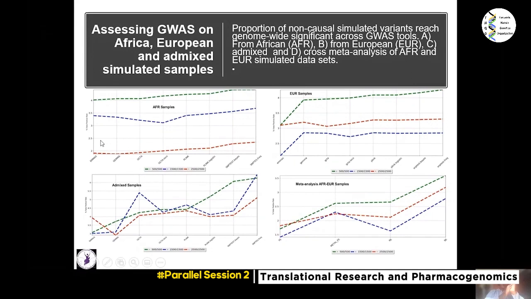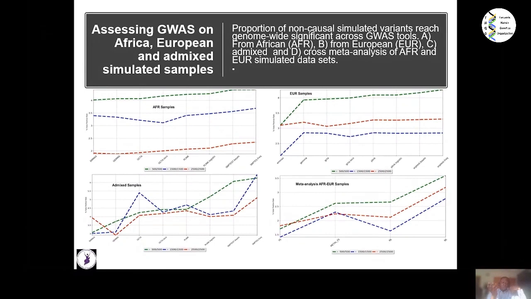On the y-axis, we plot how those tools generate false positives. We have a baseline on the simulated causal SNPs, we ran GWAS on those different datasets and with each tool, and we computed the proportion of false positives. As you can see, even for African samples, all those tools, EMMAX, GEMMA, GCTA, BLINK and so on, always have a certain proportion of false positives, in African, European, and admixed populations.